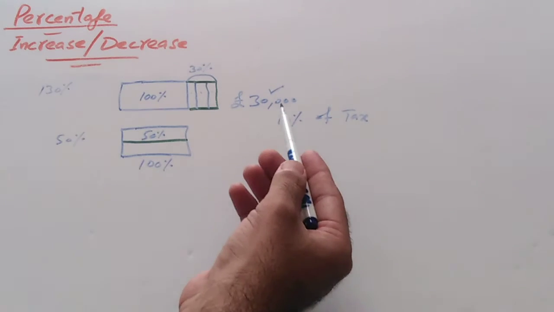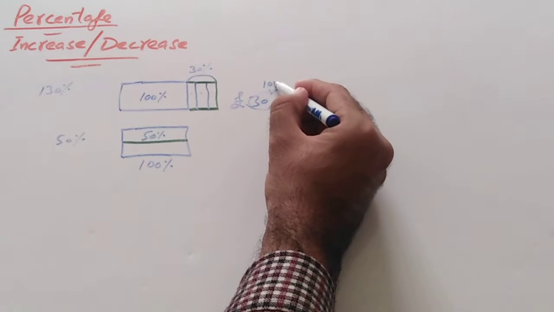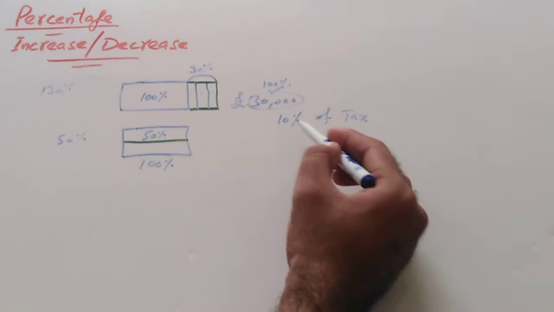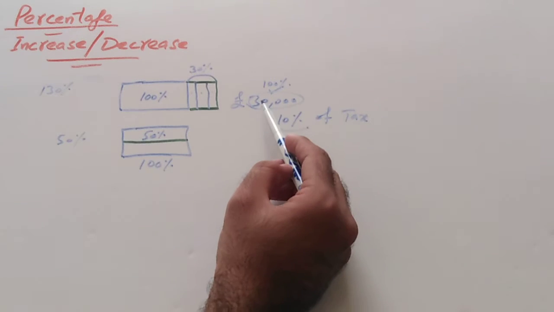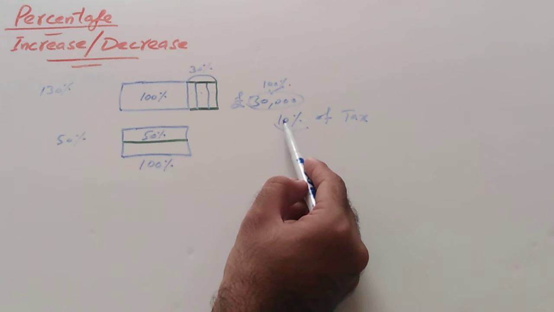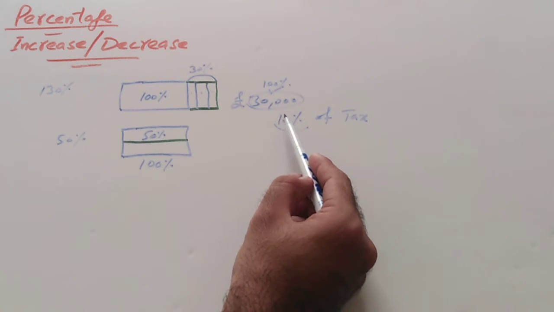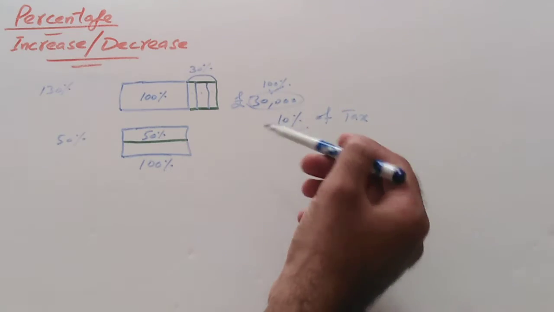Of course you'll pay more, because this whole thing is 100%, and you are also paying 10% tax. So in all, instead of 30,000, you will pay 30,000 and 10% more. So what is 10% of 30,000? That'll be 3,000. So you just have to pay that more, so it will be that amount.